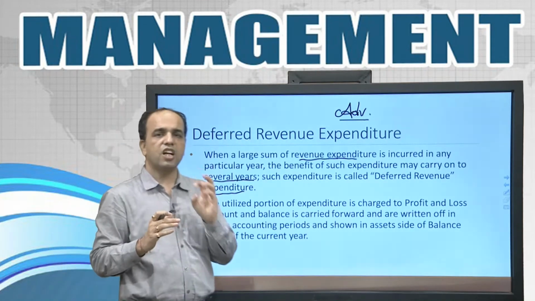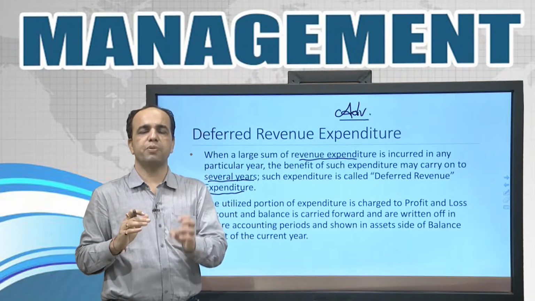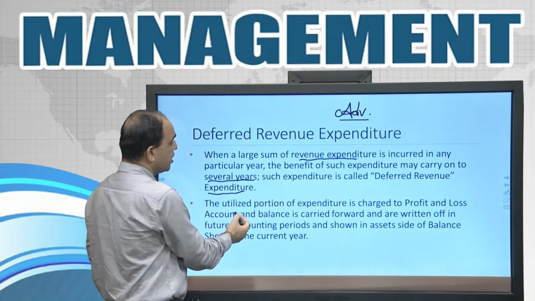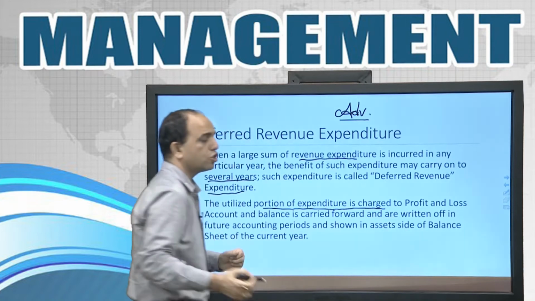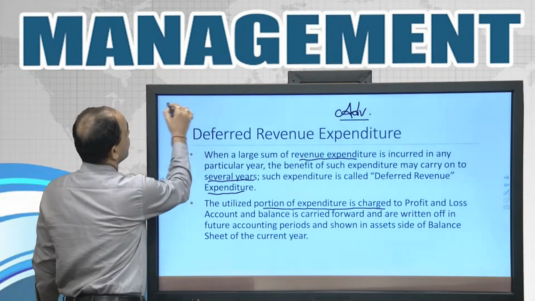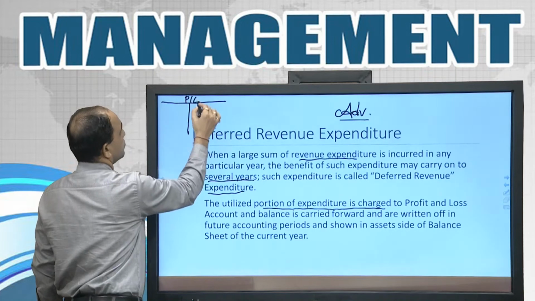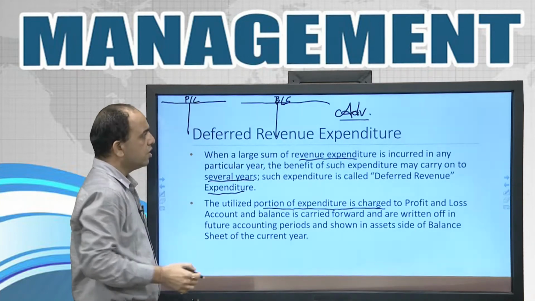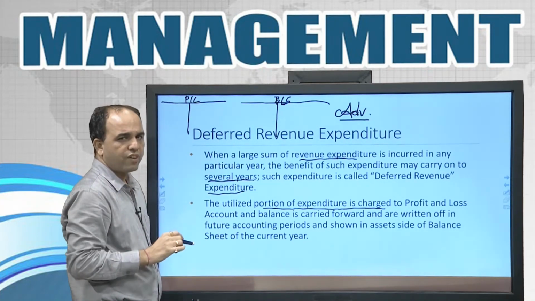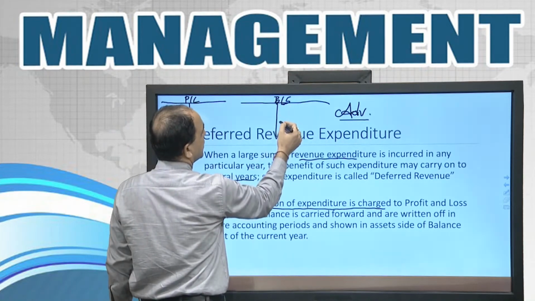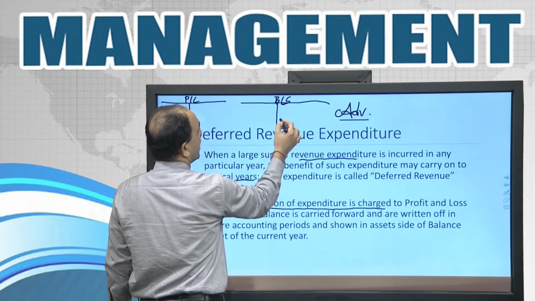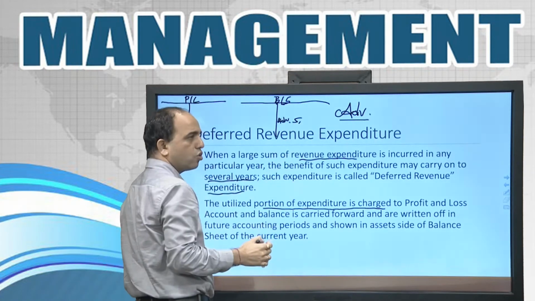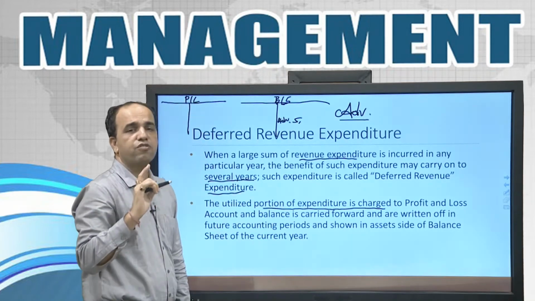So generally, the accounting treatment of deferred revenue expenditure is very important. In advertisement suspense account, we have written here the utilized portion of expenditure is charged to profit and loss account. Means friends, suppose we have a profit and loss account and a balance sheet. If I have paid suppose 5 crore rupees, then under the balance sheet, under miscellaneous expenditure, I will write advertisement suspense account as 5 crore rupees, but the benefit I will get for 5 years.